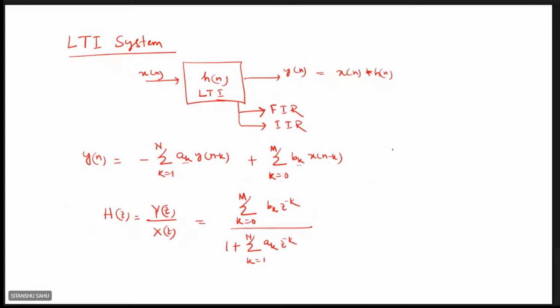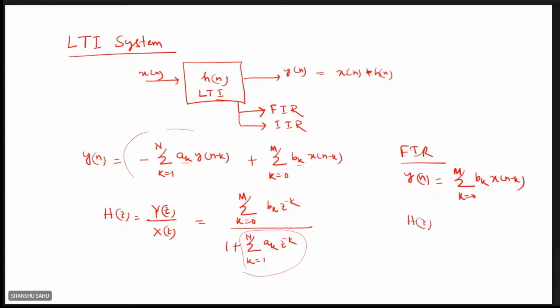Okay. So when we represent FIR, especially, in the FIR case, the denominator term completely vanishes. So it will be 1. So this term will be 0, right? So in the FIR system my y of n is nothing but summation k equal to 0 to M b k x of n minus k, isn't it?